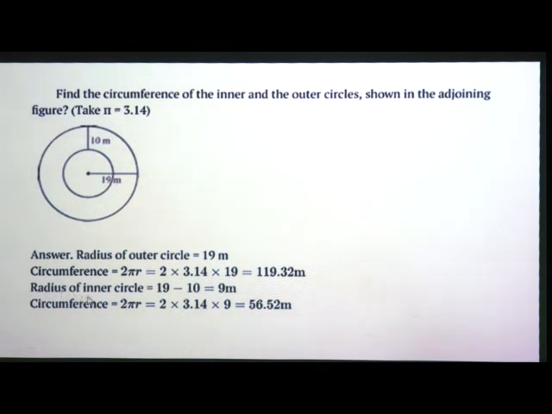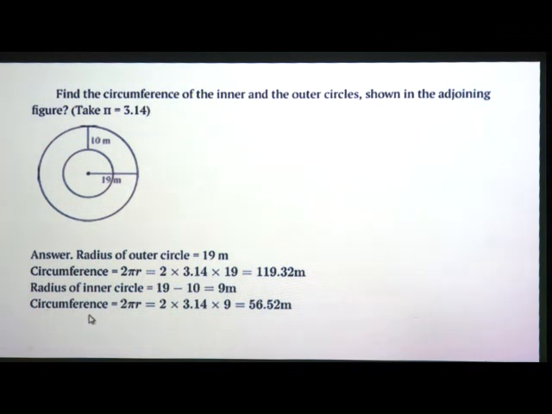So, the radius of the inner circle is equal to 19 minus 10, which is 9 meter. What is 9 meter? It is nothing but the distance from the center of the circle to the arc of the inner circle. So, the inner circle radius is 9 meter.